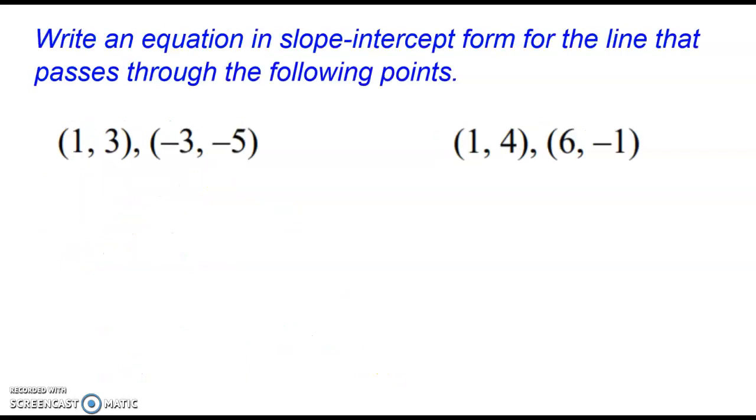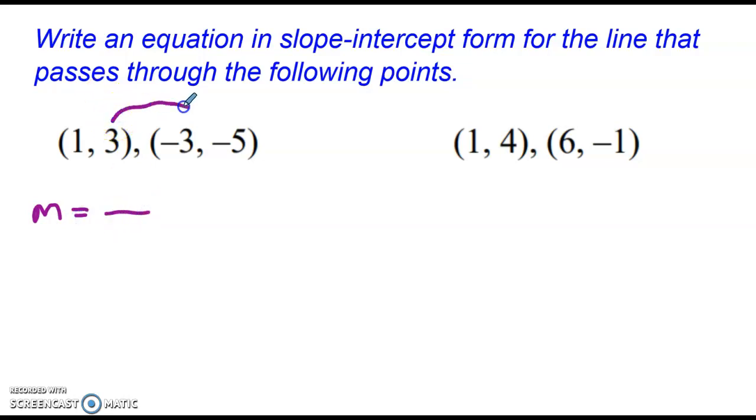Okay, now the trickiest type of problem that we'll see today is ones where they just give us two ordered pairs. They just say, okay, the line passes through (1, 3) and (-3, -5). Write the equation. Okay, so they're not telling us the y-intercept, and they're not telling us the slope, so we have to find both. Now, we found slope using ordered pairs, so we're going to do that again today. So this is just kind of a review of what we did a couple days ago. So I find my change in y. Remember, slope is equal to change in y over change in x.